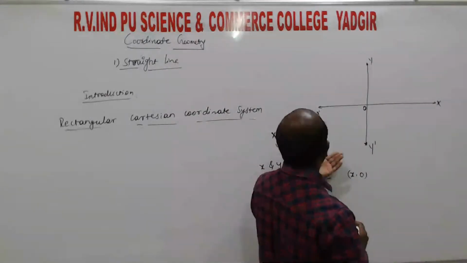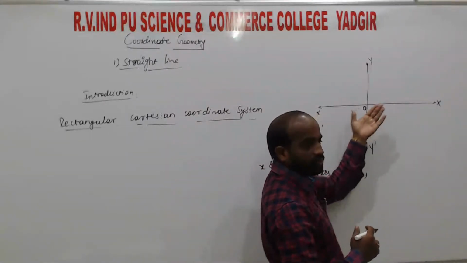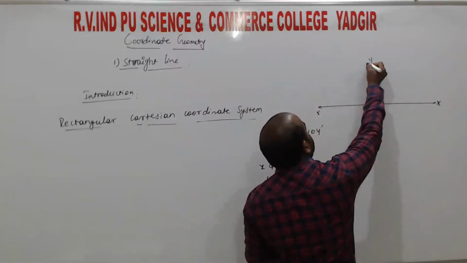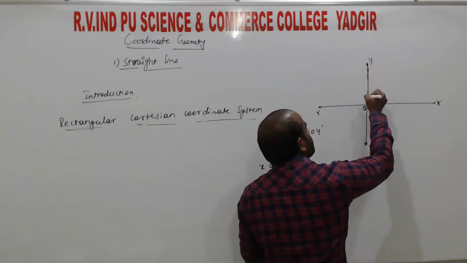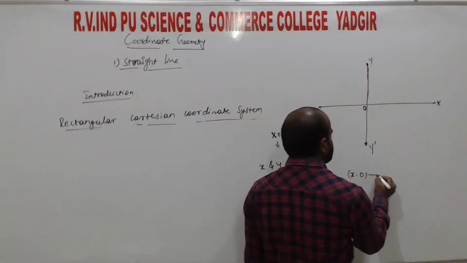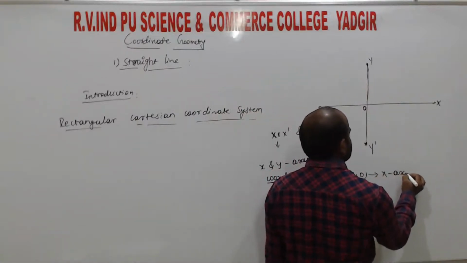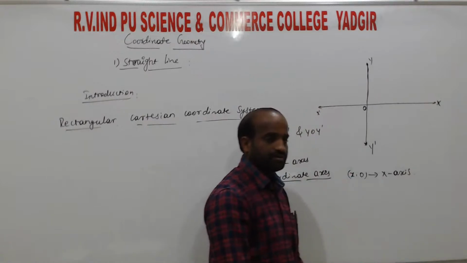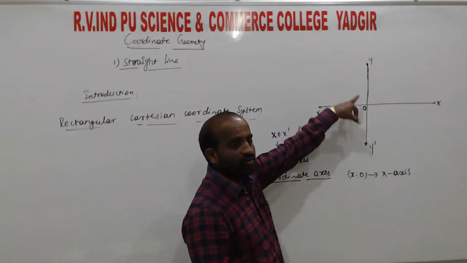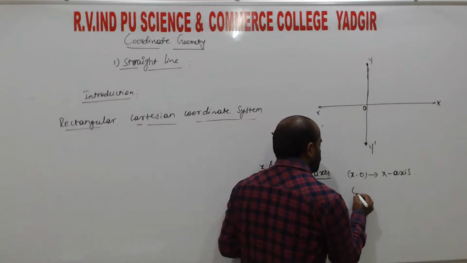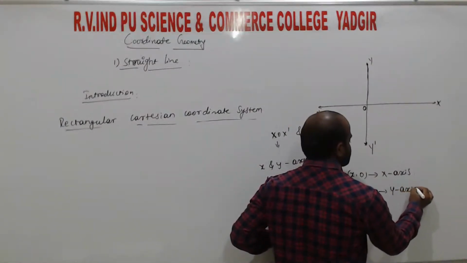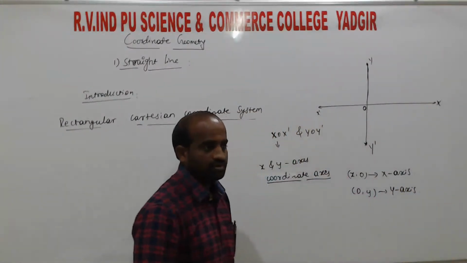The coordinates of any point on the y-axis will be of the form 0 comma y. This divides the coordinate plane into four quadrants.